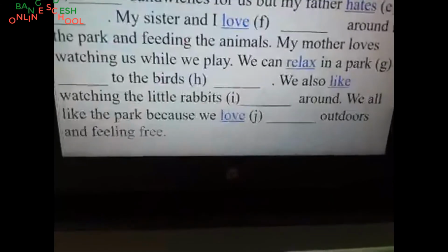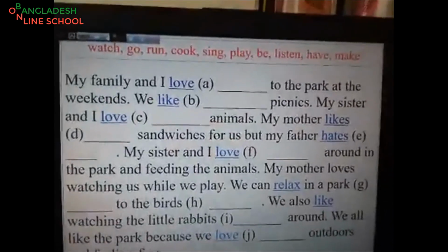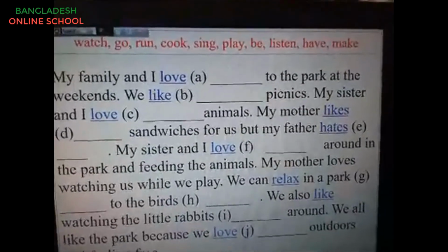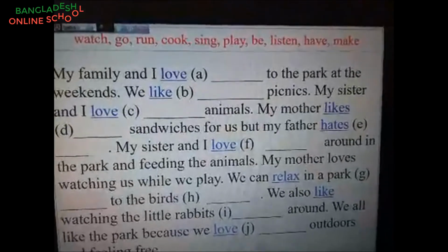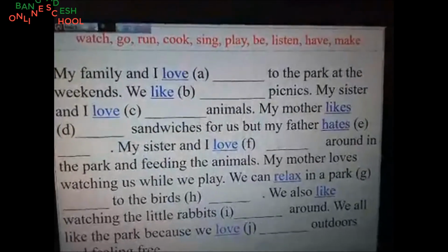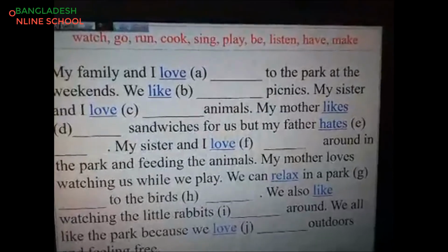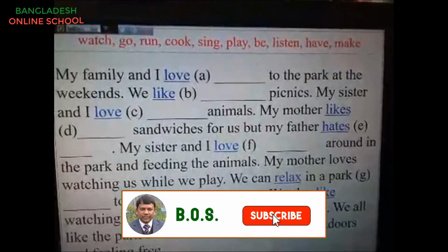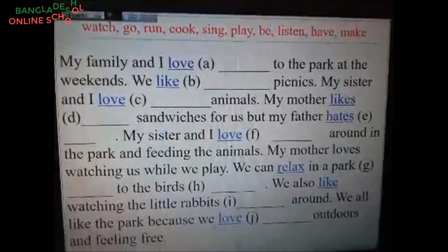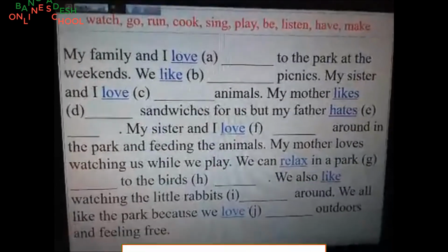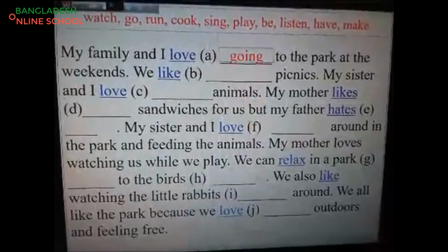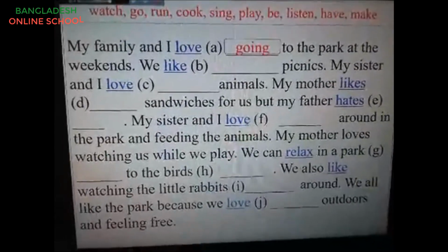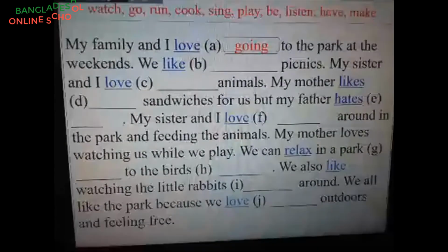Let's see a passage example. My family and I love dash to the park at weekends. Here, love is a finite verb. After a finite verb, another verb is needed, so this verb must be in the -ing form or present participle. So you see, I love going to the park at the weekends.